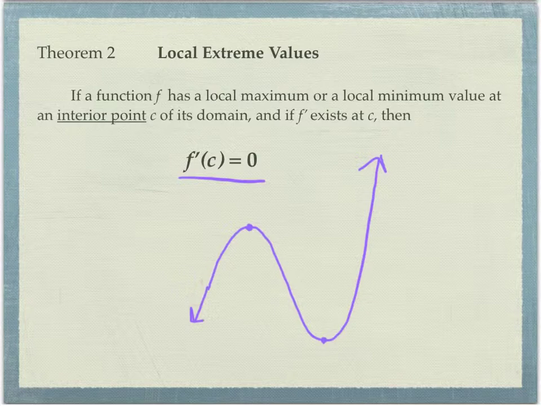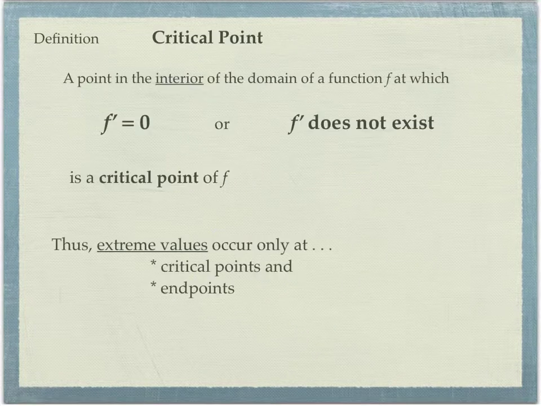And we'll have positive slope, positive slope, positive slope, negative slope. Right here at this relative maximum or local maximum, that's where that slope is going to be 0. Same thing down here, negative slope, slope of 0, positive, positive, and so on like that. So that means in the interior, if there's a local maximum or local minimum, then that derivative is going to be 0 in there someplace.